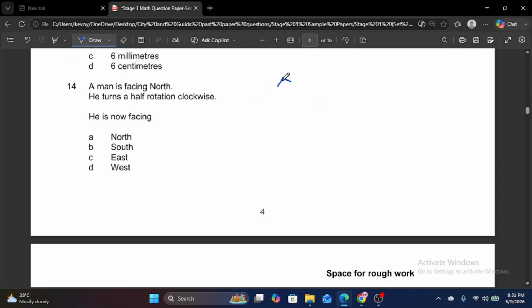Now, if he starts at north, I'm going to draw my little compass right here. North is always facing up, and we have our west and east, and we have our south right there.